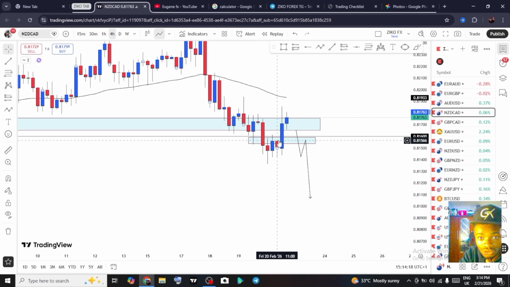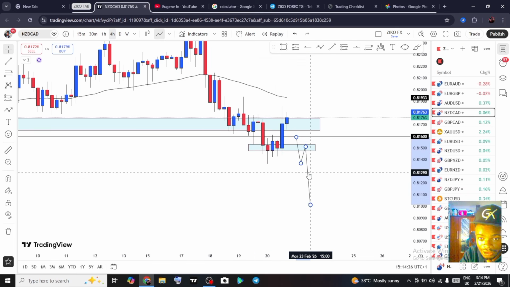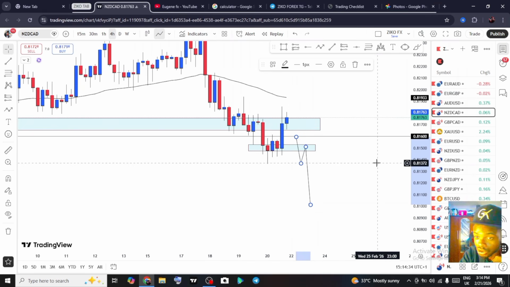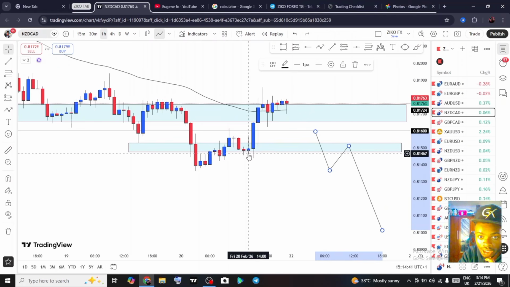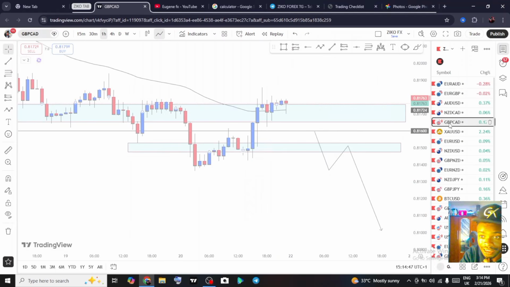I'm going to be waiting for price to shift bearish on the 4 hour time frame and a retracement for me to sell. So that is the new game plan right here. We need price to clearly shift bearish, because right now it's actually bullish, because this is the lower low, lower high. Price is currently above that high. So we need price to shift bearish on the 4 hour, then I'll pay attention to this market. That will be the same thing I'll be looking to see on the 1 hour. Price will shift this structure bearish for me to be interested in selling NZD CAD.